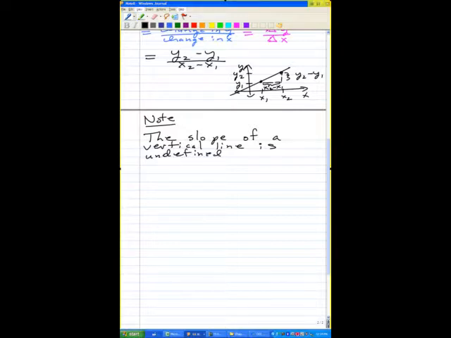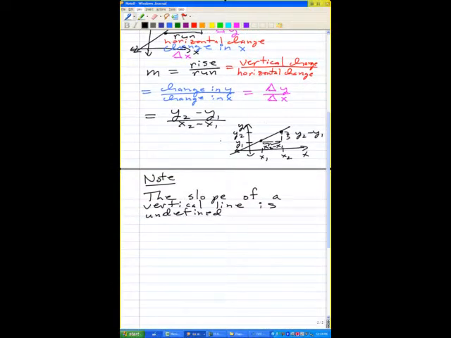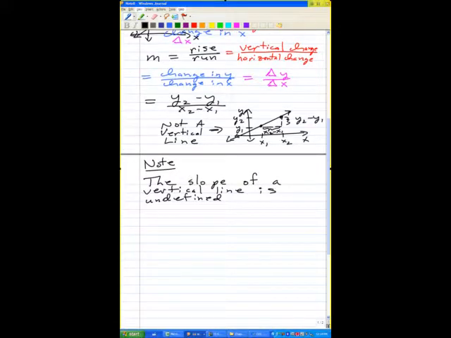When I was giving the definition here of slope, I always assumed that this was not a vertical line. If it is a vertical line, well, I just haven't defined it. Either you say the slope is undefined, or sometimes people say that the slope is infinite.